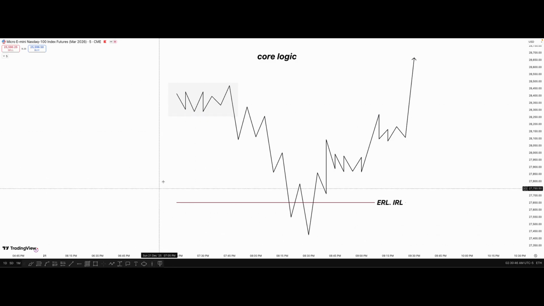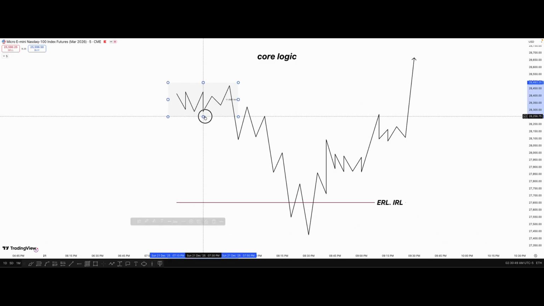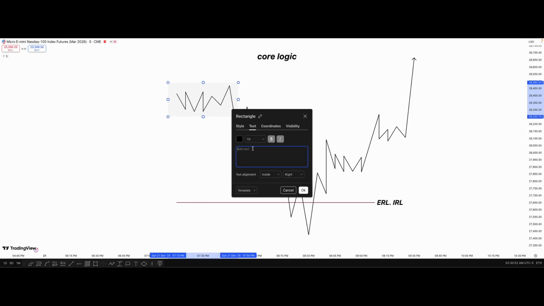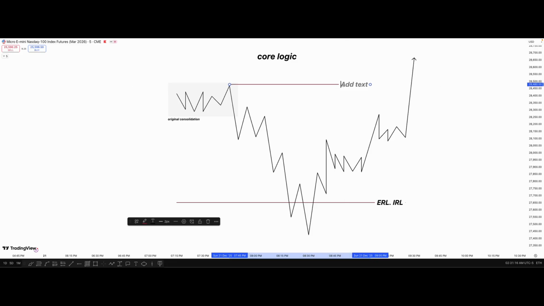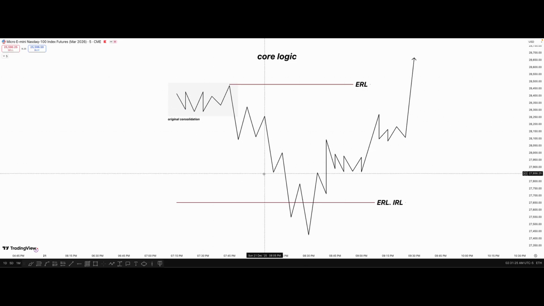That area is just called your original consolidation levels. This is your original consolidation, right? So when this consolidation breaks down lower, what does it create? It creates and leaves behind an ERL, right? After this consolidation, there will be a distribution, right? So this area is distribution.